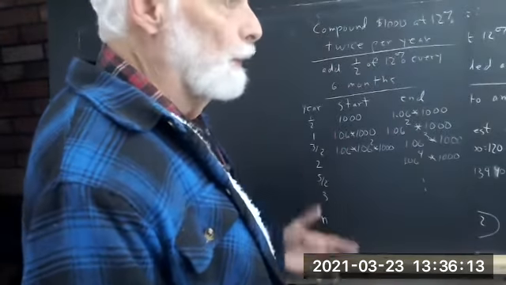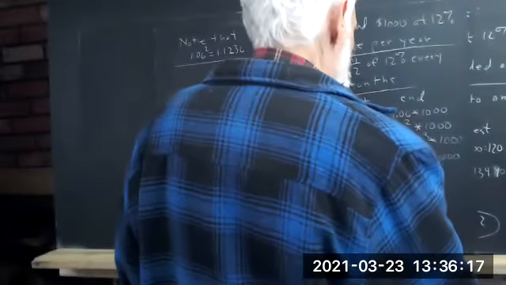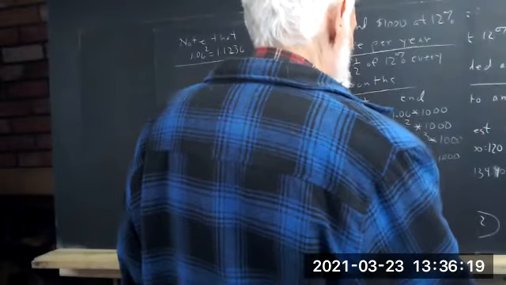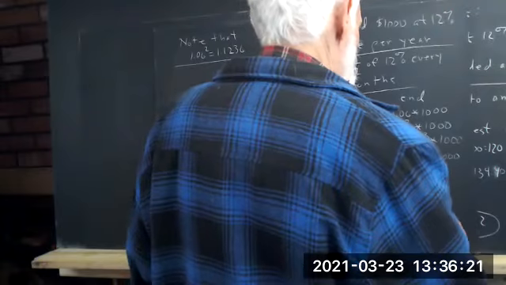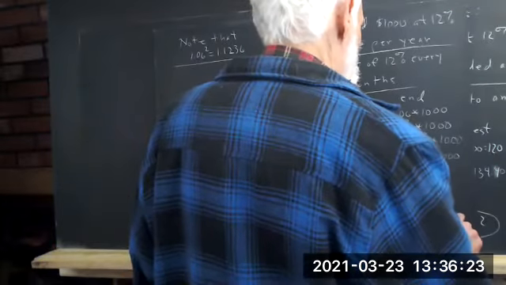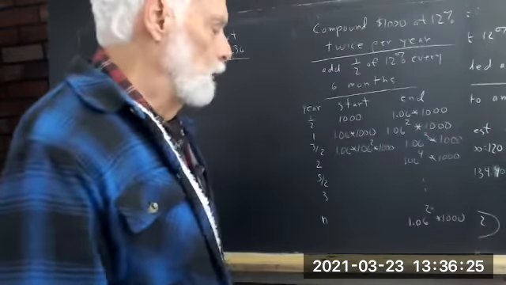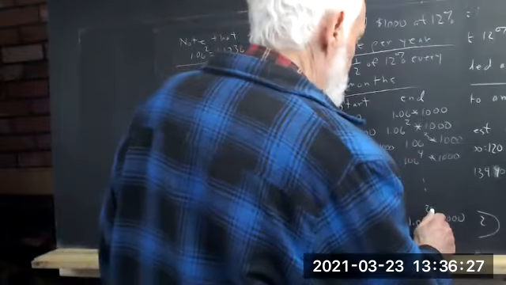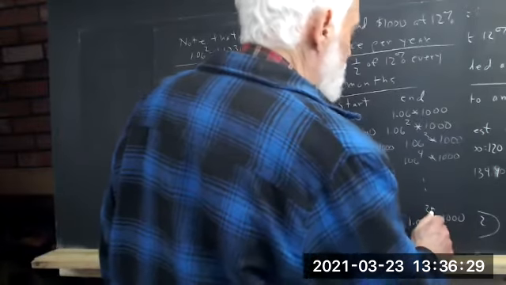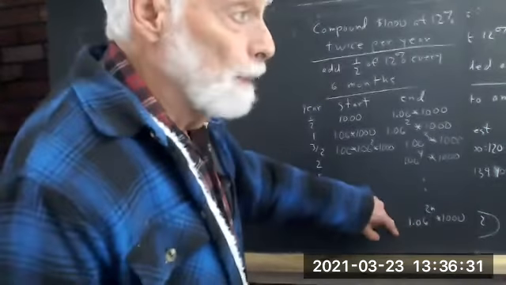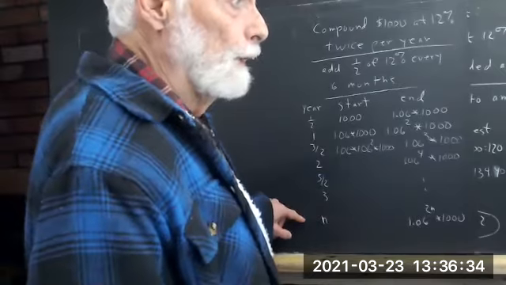Since we multiply by 1.06 twice for every year, we're going to have 1.06 to the 2n, because that's how many times we will have multiplied by 1.06 in n years.